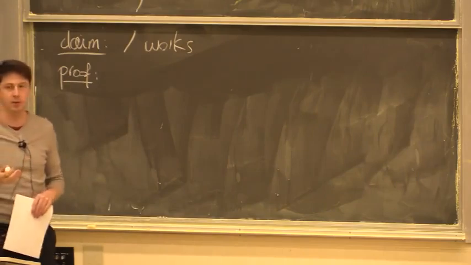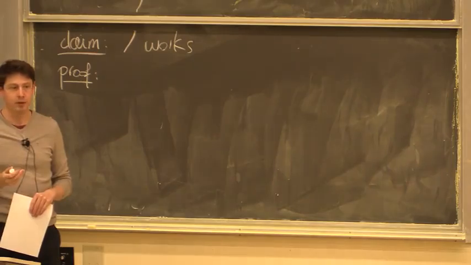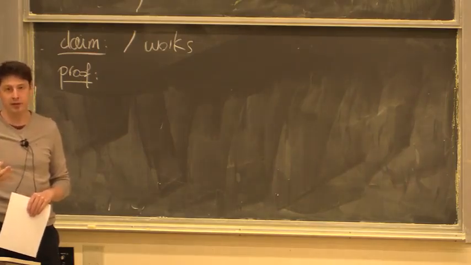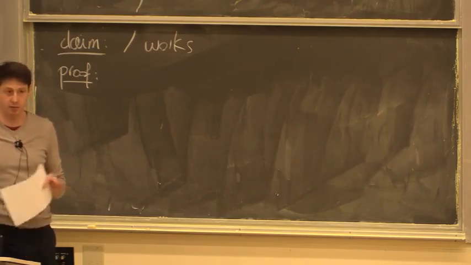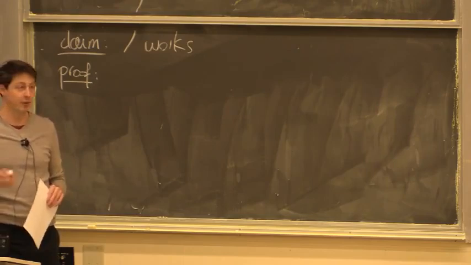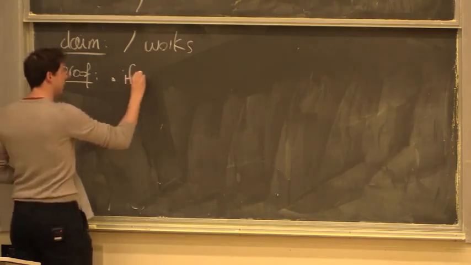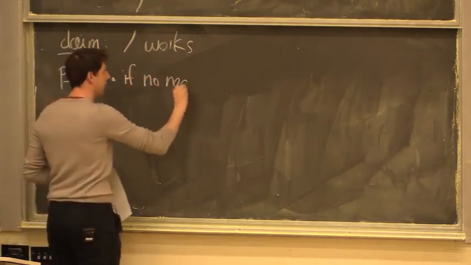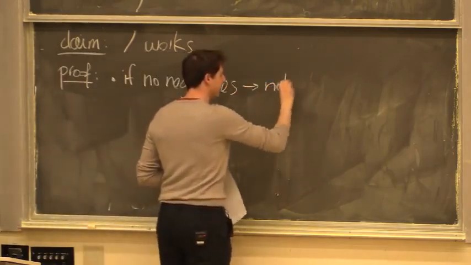Which direction is the easier one? So we need to prove that if there are no negative cycles, then we don't say that there are. And if there are negative cycles, then we do say that there are. Right? These are two directions for correctness. Which of these two is easier? The first one, right? So if no negative cycles, then nothing changes.